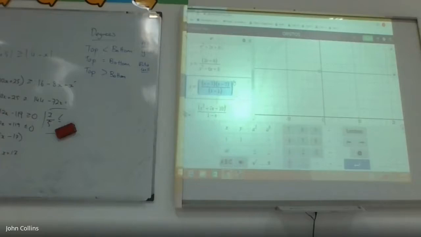To have a horizontal asymptote, you're trying to think of a barrier that the function may go towards but never cross.